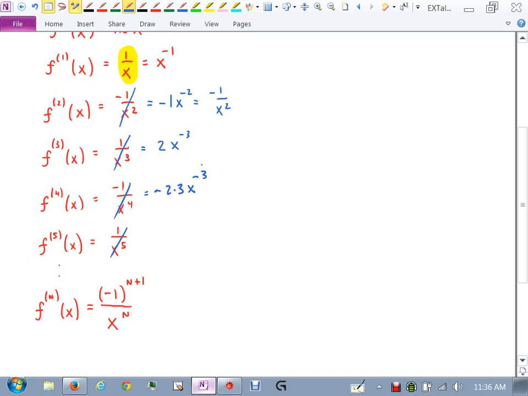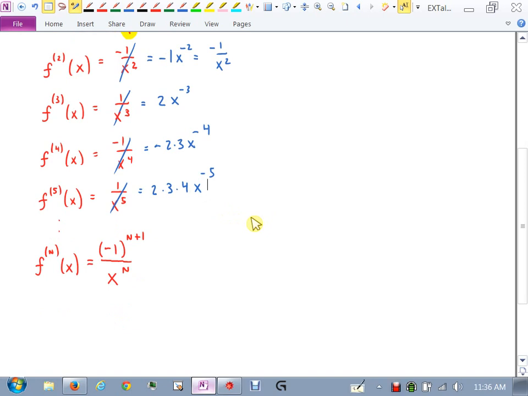Why am I writing it that way? Are you seeing the factorial coming to life here? What would the next one be? Positive 2 times 3 times 4, x to the negative 5. And the next one would be negative 2 times 3 times 4 times 5, x to the negative 6.